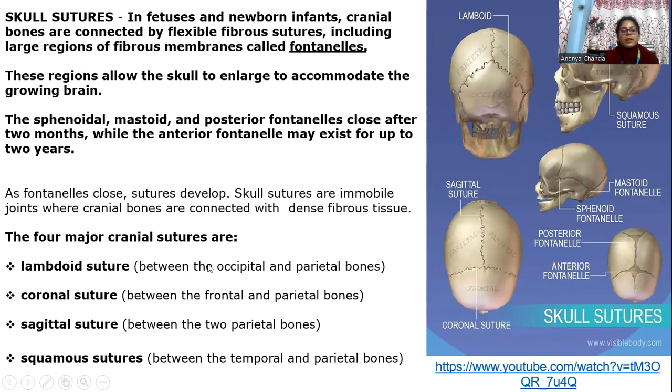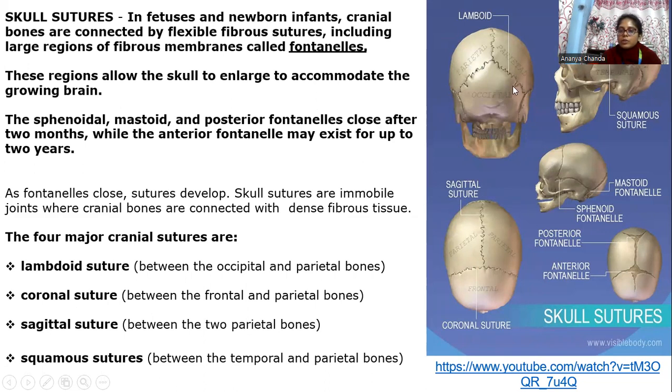The four major cranial sutures are lambdoidal suture, then comes the coronal suture, then sagittal suture, and the squamous suture. So this lambdoidal suture is present in between the occipital and the parietal bones.